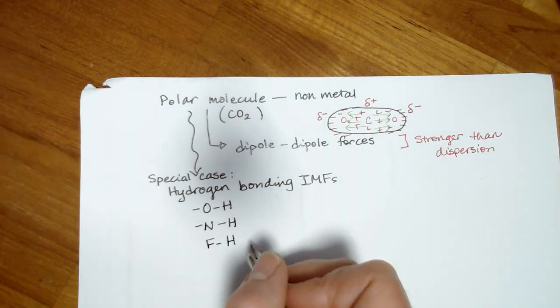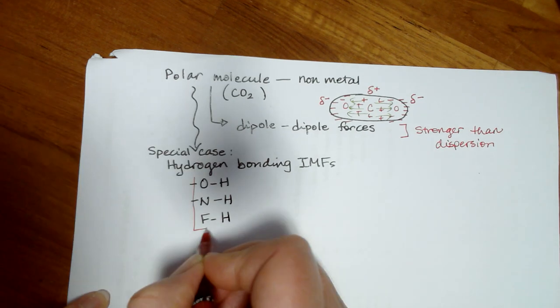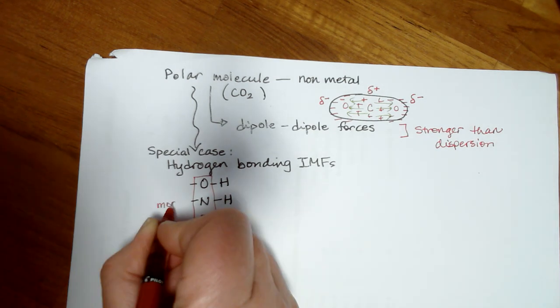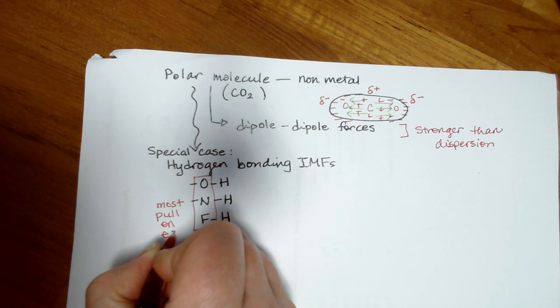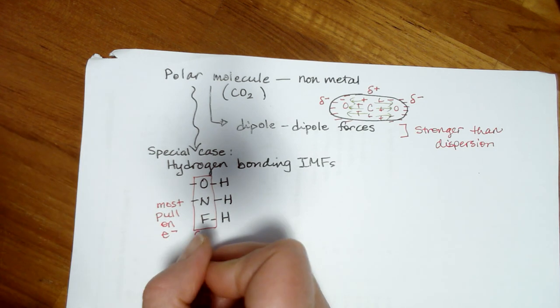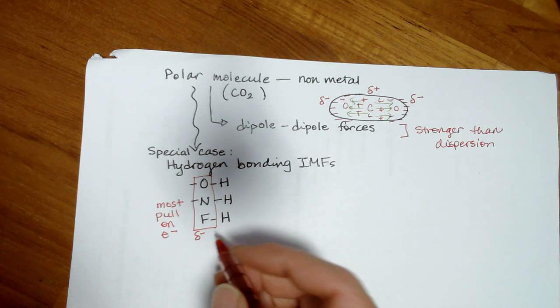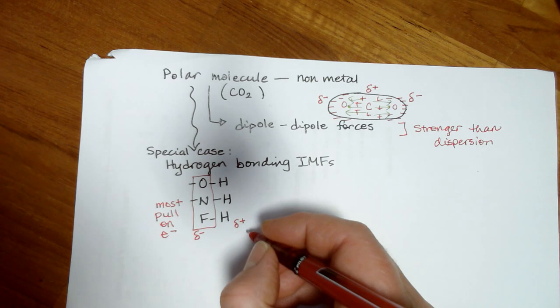These are special cases because the oxygen, the nitrogen, and the fluorine are our three most electronegative elements. So these have the most pull on the electrons in the bond, and they're going to have a strong negative dipole on them, and that leaves the hydrogen with a strong positive dipole.